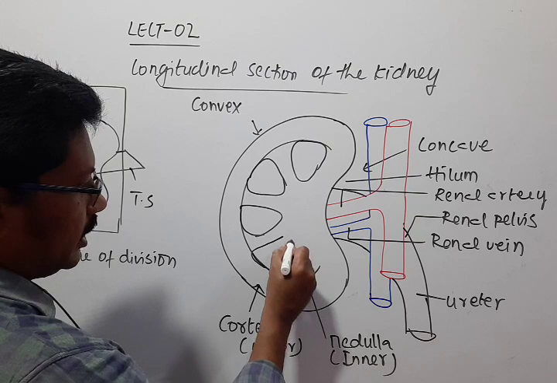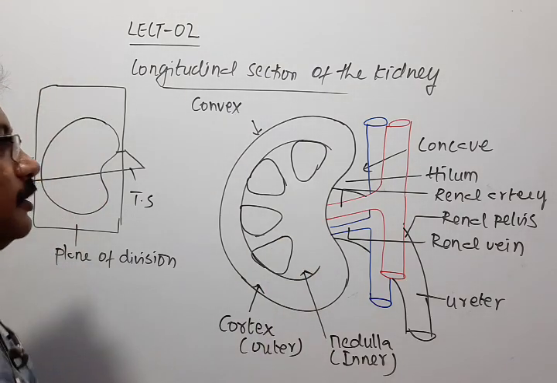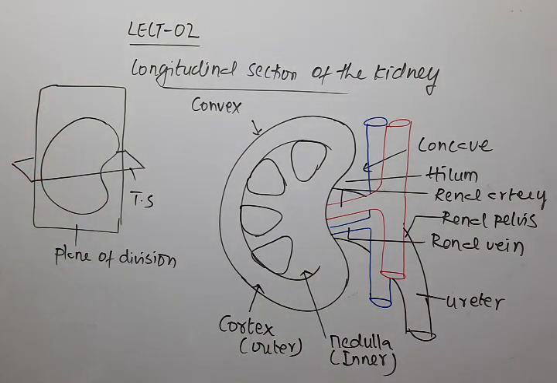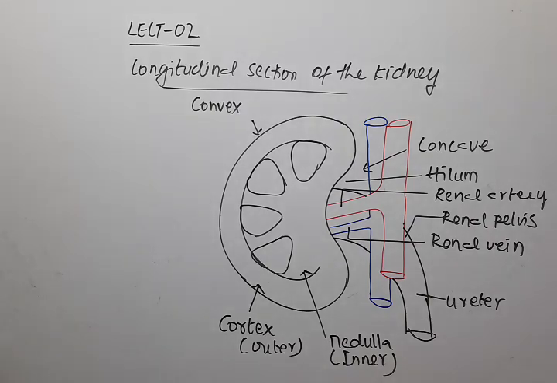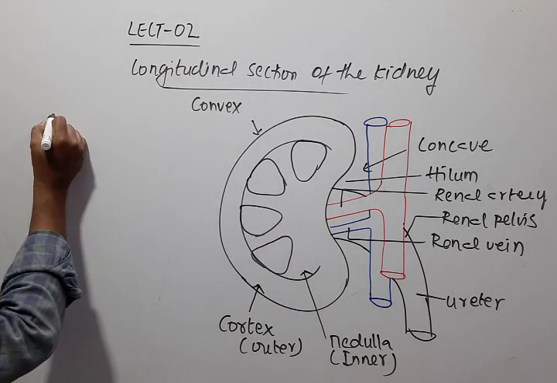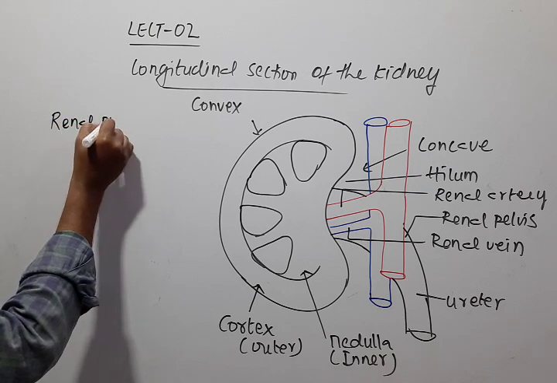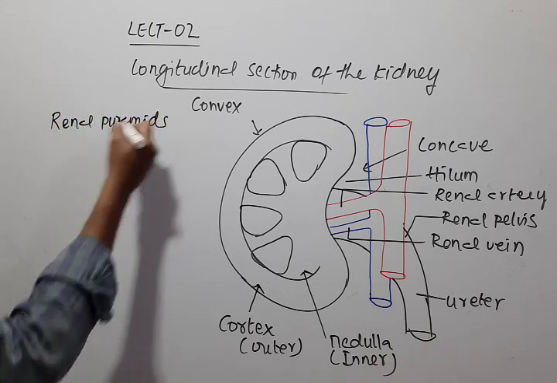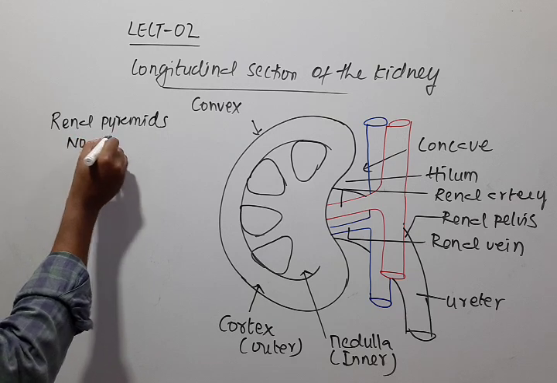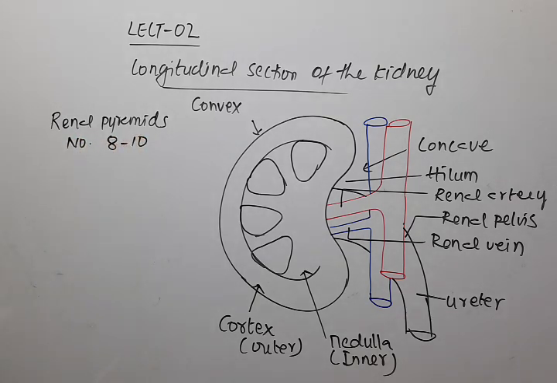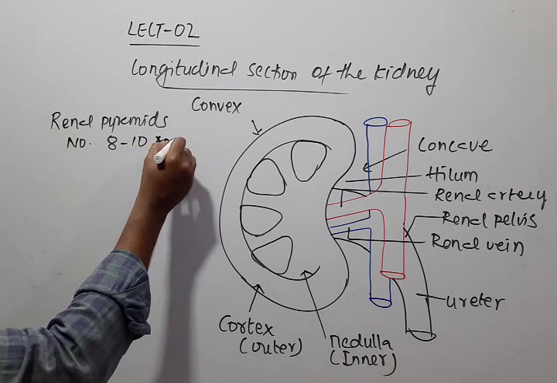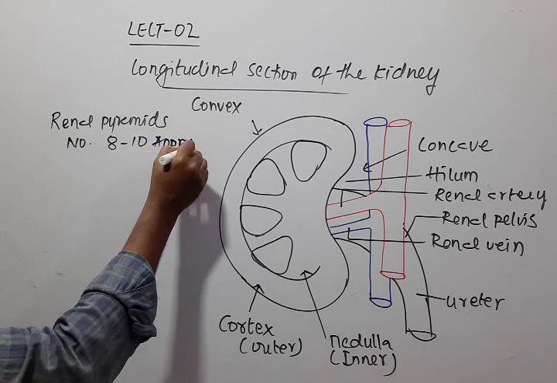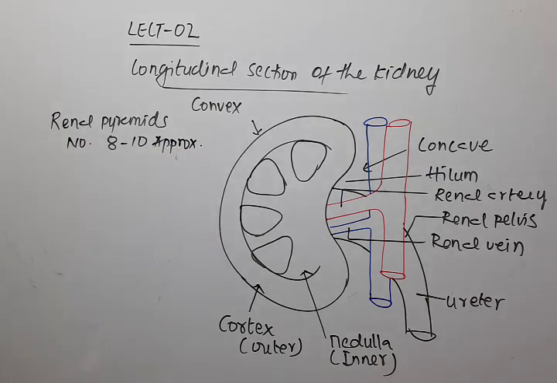These are renal pyramids which are located in the medulla region of the kidney, and their number is around 8 to 10. So approximately you will find this many renal pyramids.